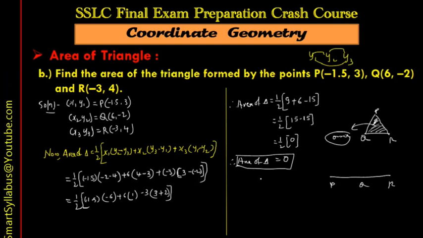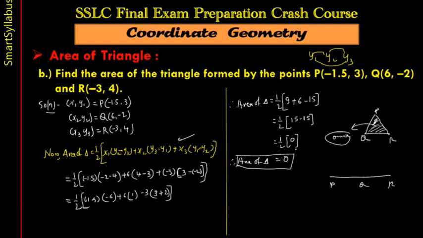So this is a very important thing. The same question can be asked in the final examination: by giving 3 points, it may be asked to check whether the given 3 points are collinear. At that time, use the same area of triangle formula, substitute and calculate. If you get the area of the triangle equal to 0, the given points are collinear.